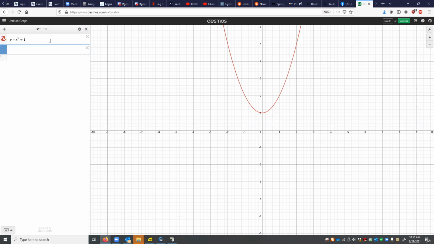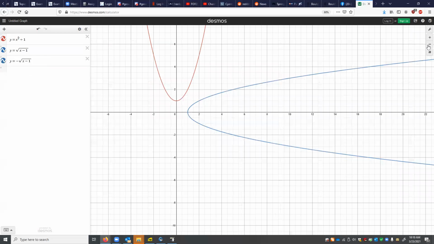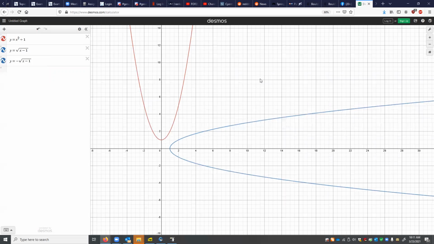If we start solving for the inverse, we actually get these two things. Oh, yeah, okay. So the two blue graphs together would be the full inverse relation. But notice that the blue graphs on their own are not a function, right? This fails the vertical line test.